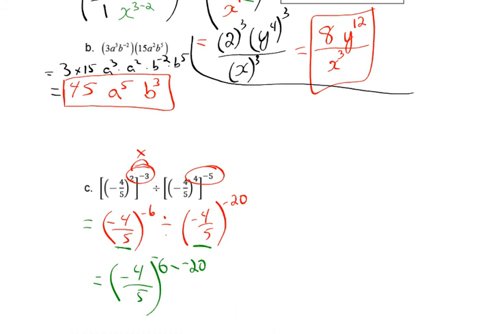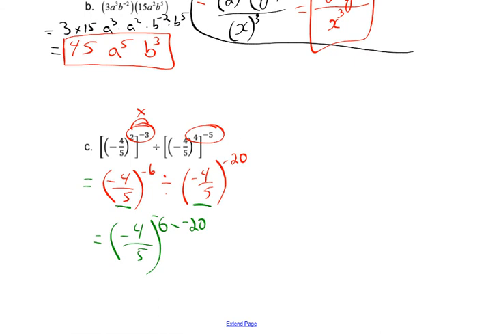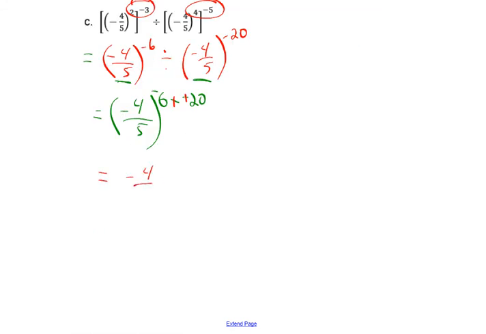Let's do that adding the opposite bit. -6 plus 20 now. -6 plus 20 gives us positive 14 on this one. Do we have a positive exponent? Yes. That's a good thing.